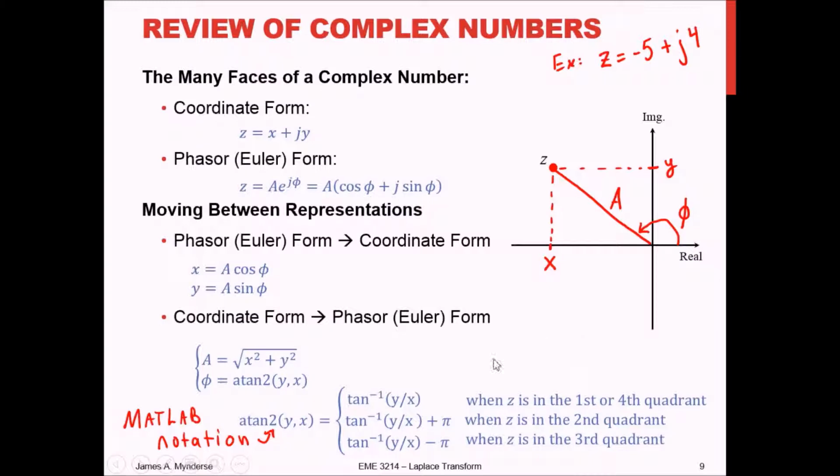So when z is in the second quadrant, you need to add 180 degrees. Just keep in mind what number you're expecting. That's important. And there is a command in MATLAB called atan2, where instead of putting in y divided by x, you put in y comma x, and it will give you the proper quadrant.